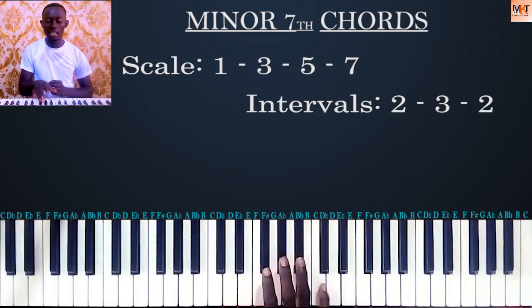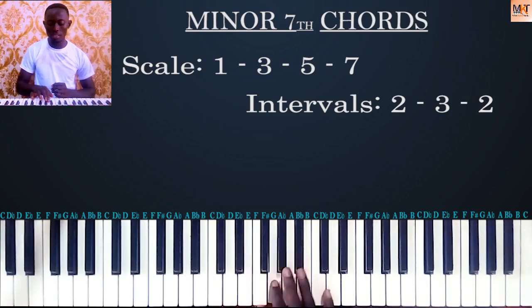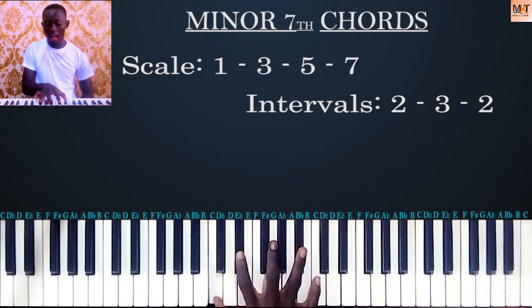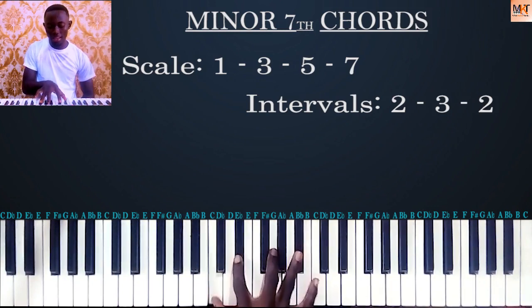So this is actually the 7th note on the minor scale. 1, 2, 3, 4, 5, 6, 7. So this is not the 7th note. This is the 7th note. So when you form the minor chord, add the 7th to it. So that is it. And this is a major 7th, and that is a minor 7th.